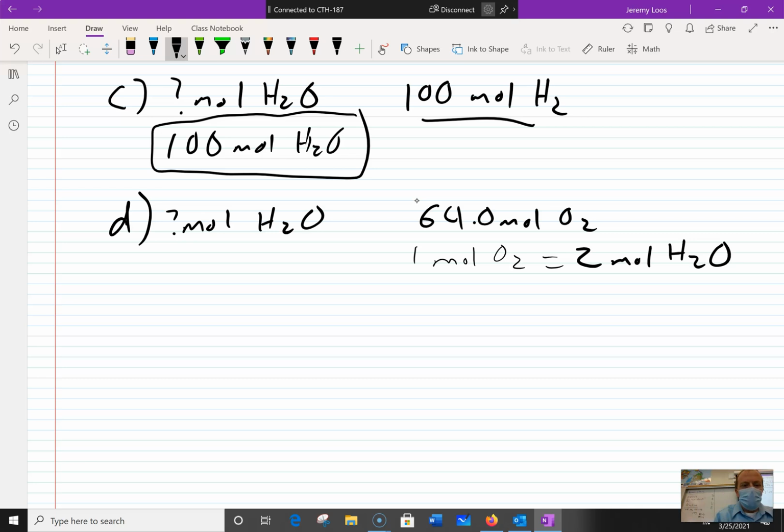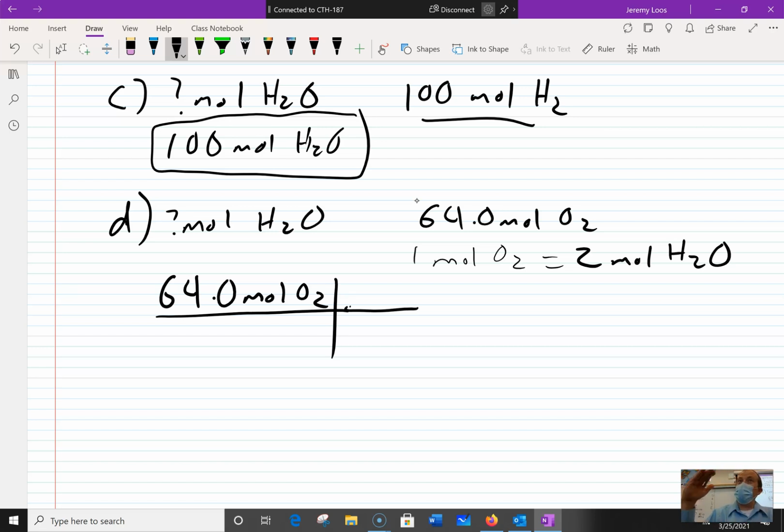Because here's what we're going to do. Remember the rules for dimensional analysis. We start with what the problem gives us, which in this case was 64 moles of oxygen. I have my conversion factor here. The rule is what goes up must come down, so they're always going to alternate on top and bottom of the train tracks.